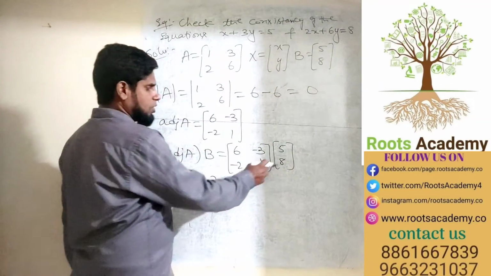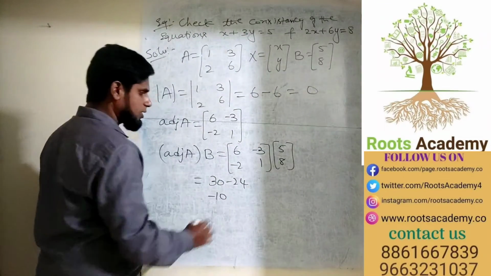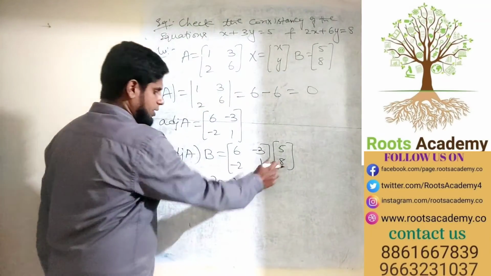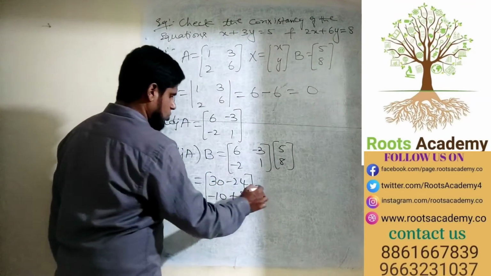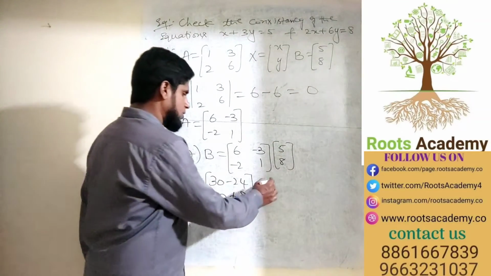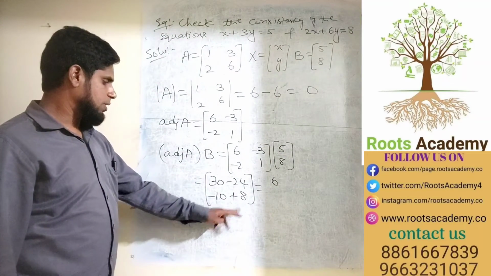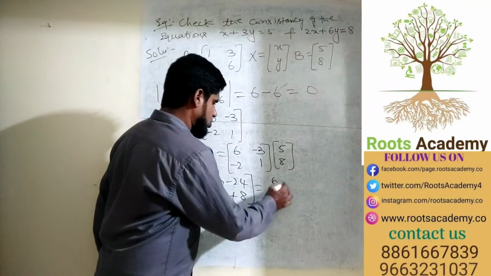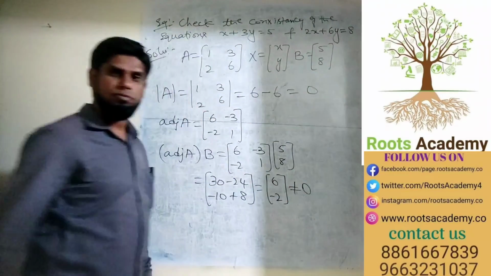The next second row first column, minus 2 into 5 it's minus 10, 1 into 8 it's plus 8. So how much it is? 30 minus 24, it's just 6, and minus 10 plus 8, it's minus 2. This is not equal to 0.